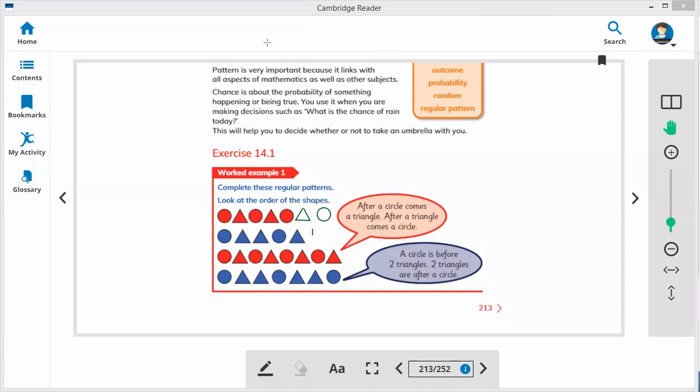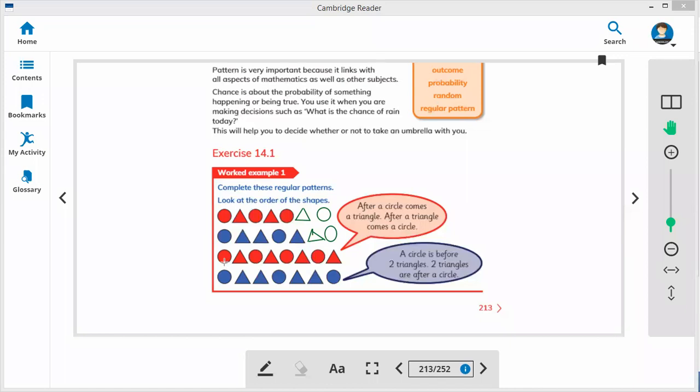Just one minute. Like this, you have to complete the shape. So what you are going to do, draw a triangle here, then you are going to draw a circle. This is how your pattern is going to be complete.